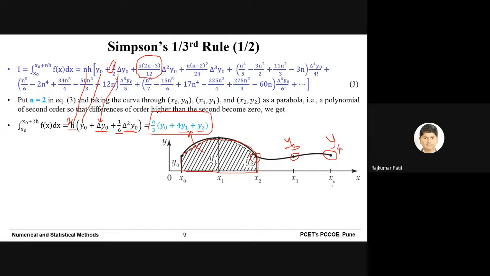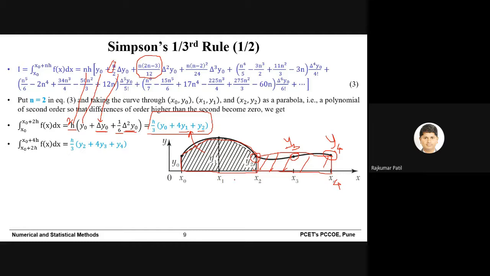So we will say this is x4. This will be the next part, and again this part we are connecting by means of a parabola. So this will be the next area, for which you have to calculate the area under the curve.